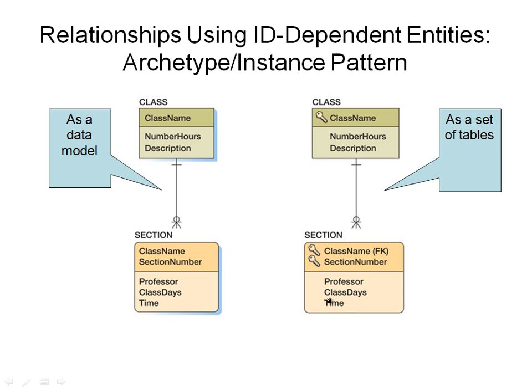But having all these sections will create an archetype instance pattern between the class and the section, and they can actually use the primary key of the main entity or the parent entity as a part of the composite key in the child entity.